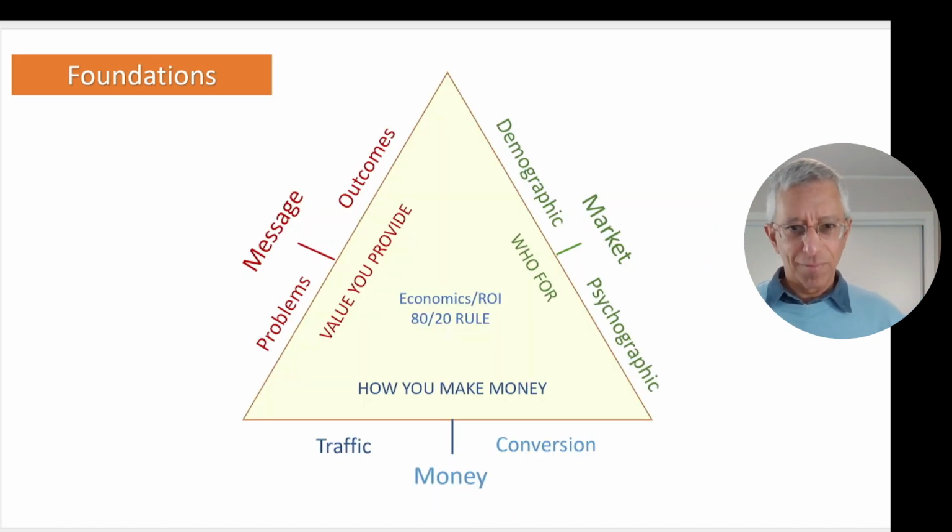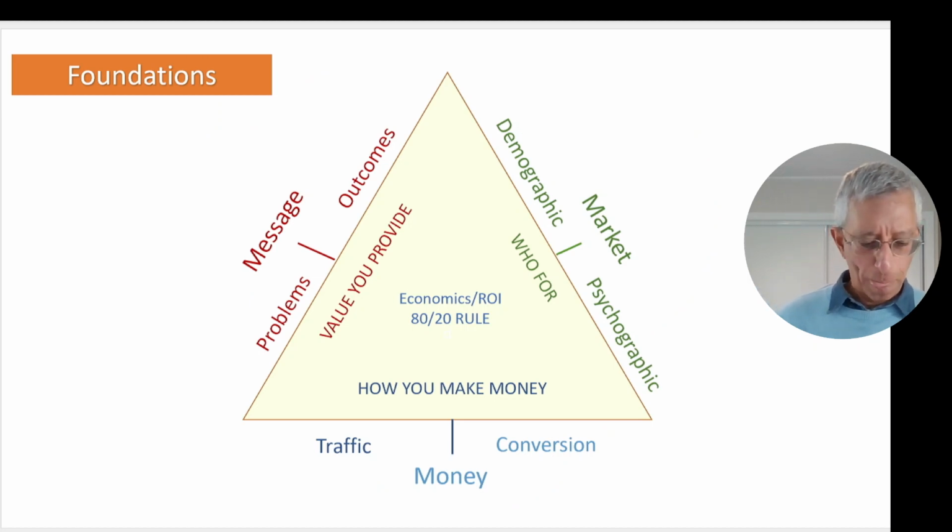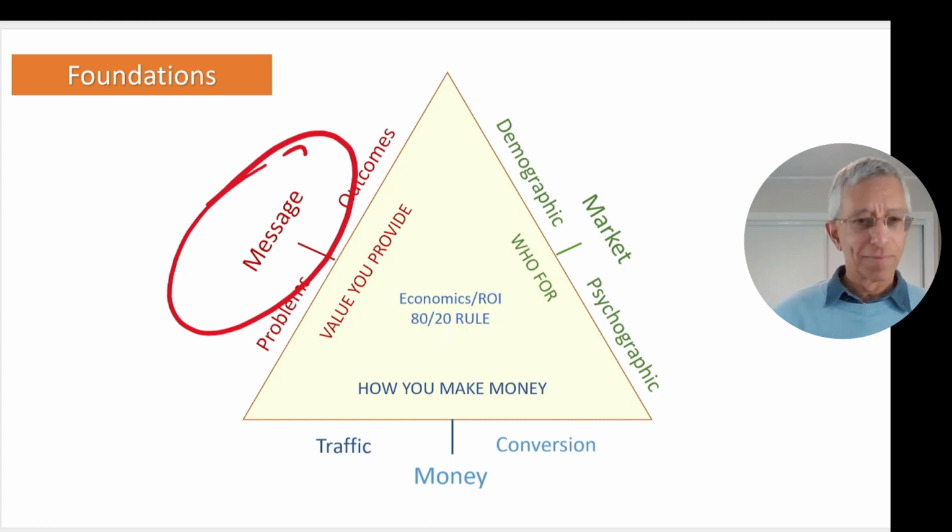So if we move forward, let's look at the demand triangle, what we call the demand triangle, because this is the fundamental of every business and how every business operates from a marketing, sales, and delivery point of view. So to be viable in any business, you need to have a message that resonates.